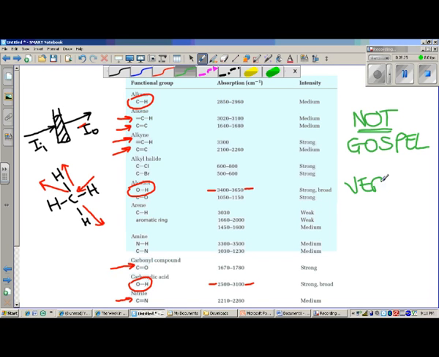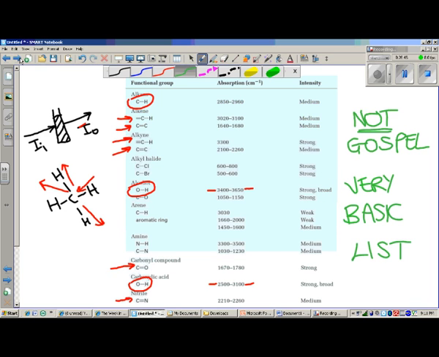This list is a very basic list. So do not look at this list and say, well, how come things don't match up specifically with this? Like I said, this is not gospel. This is very basic. You should only use it as a super basic guide. All right? Okay, that's that out of the way.